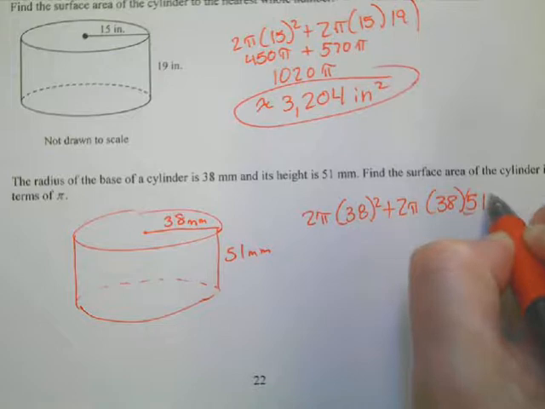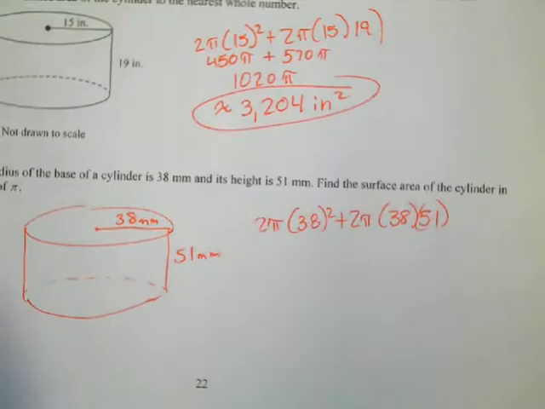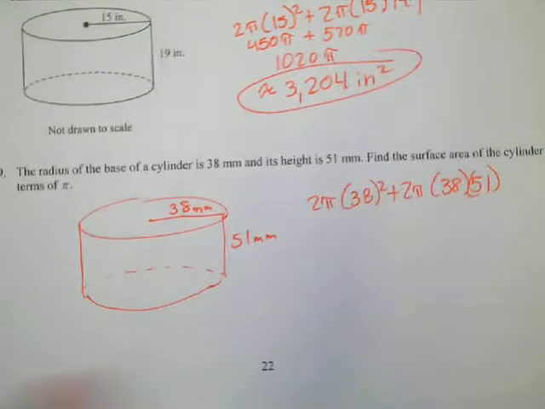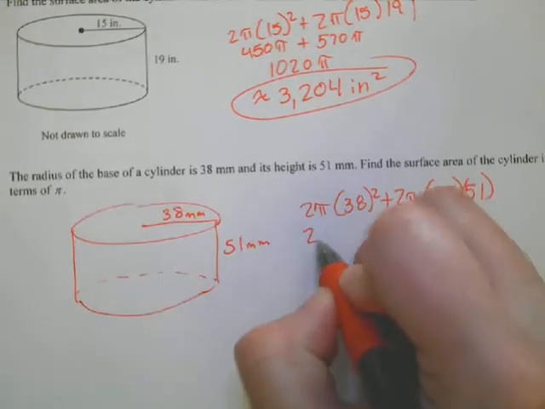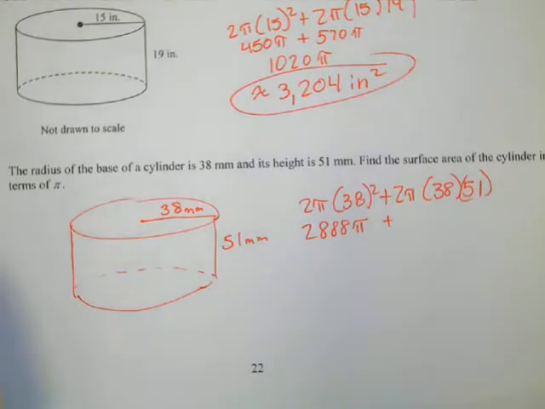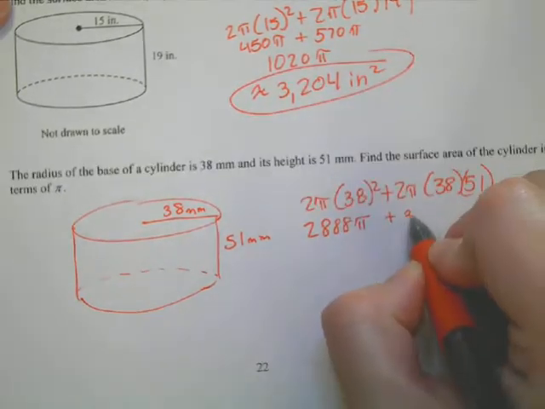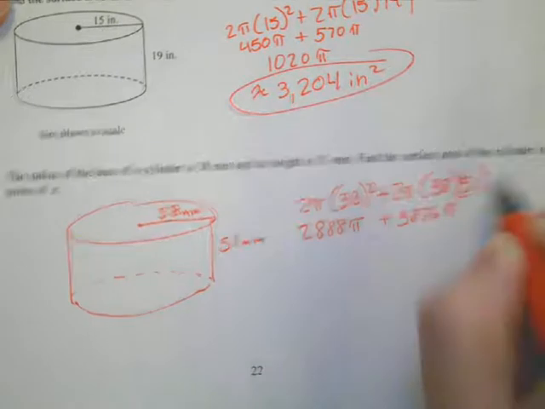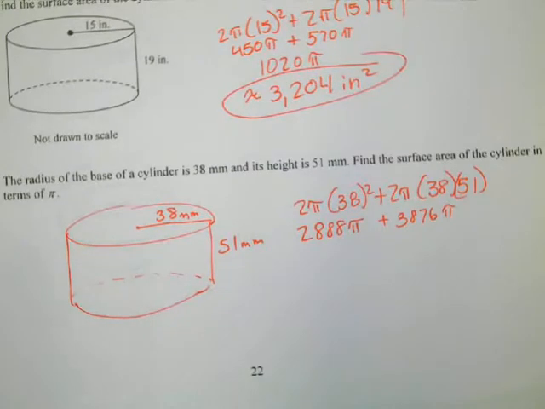It's a lot of pi's. 38 times 51 times 2, 3,876 pi's. So we're adding our 3,876 pi's to our 2,888 pi's. And we are getting 6,764 pi's, millimeters squared. Checking. Correct.